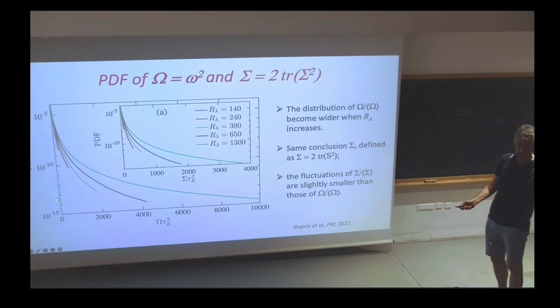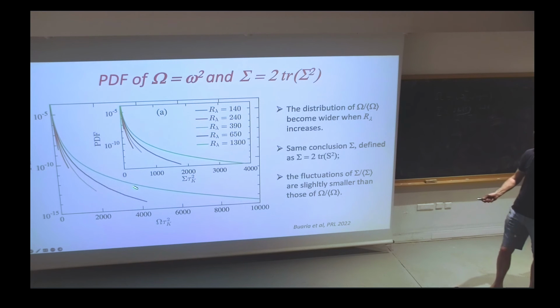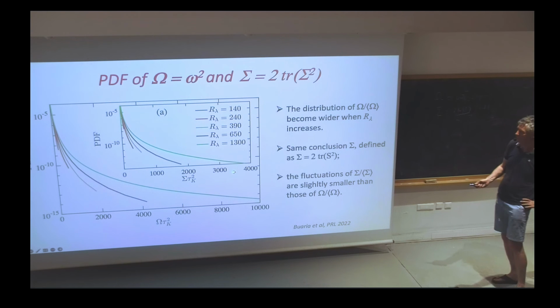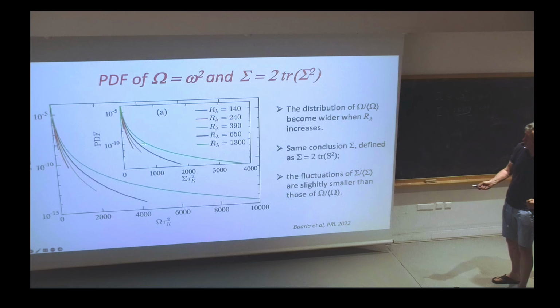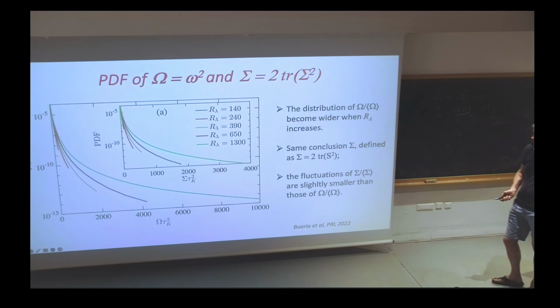That's the mean of that is 1. And then, of course, the interesting thing is that the thing extends to, as advertised, insanely large values. So for vorticity, you get 10,000-ish. For strain, you get actually a little bit less, roughly a factor of 2 less. But these things extend further and further. The color code shows you that when you go from low to high Reynolds, these tails increase like mad. So again, which is what intermittency is about.